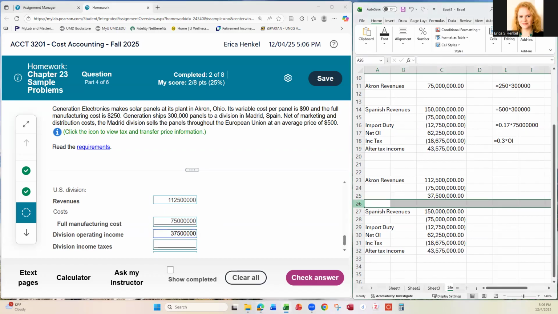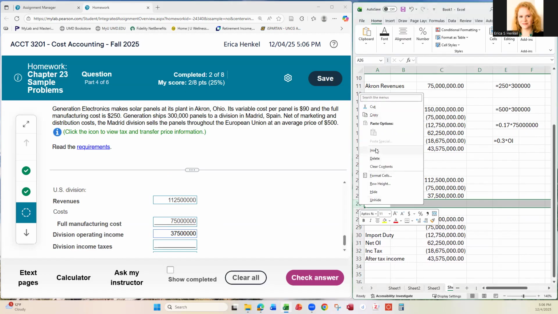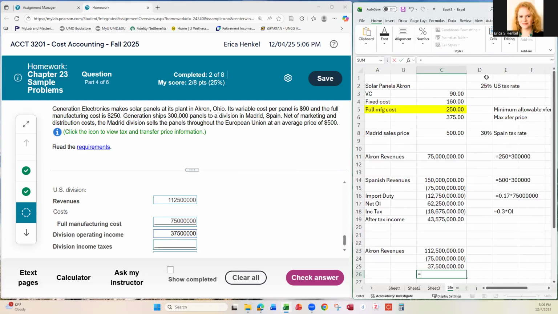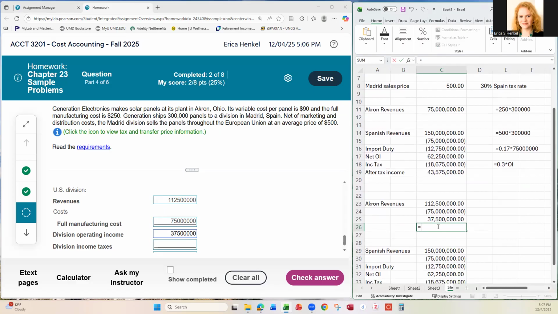All right, now we have to figure out what the taxes are here. What did we say up here? 25% tax rate. So 0.25 times that amount.